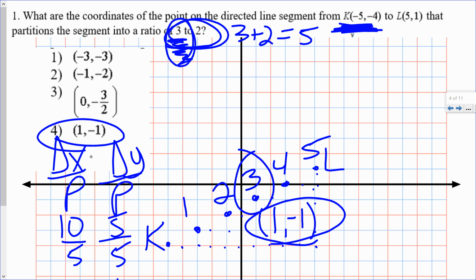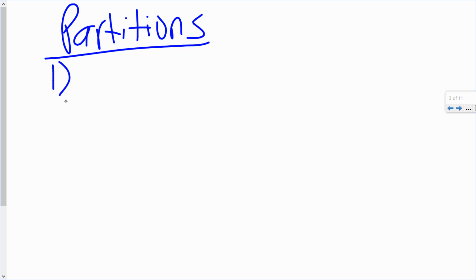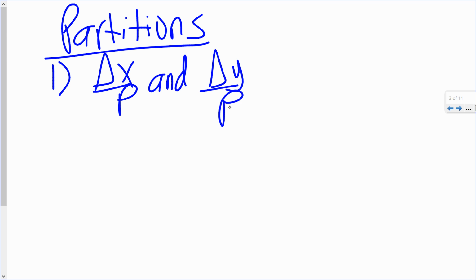So let's put the steps up for partitions. Step 1, we have to find delta x over p and delta y over p. For delta x and delta y, count.